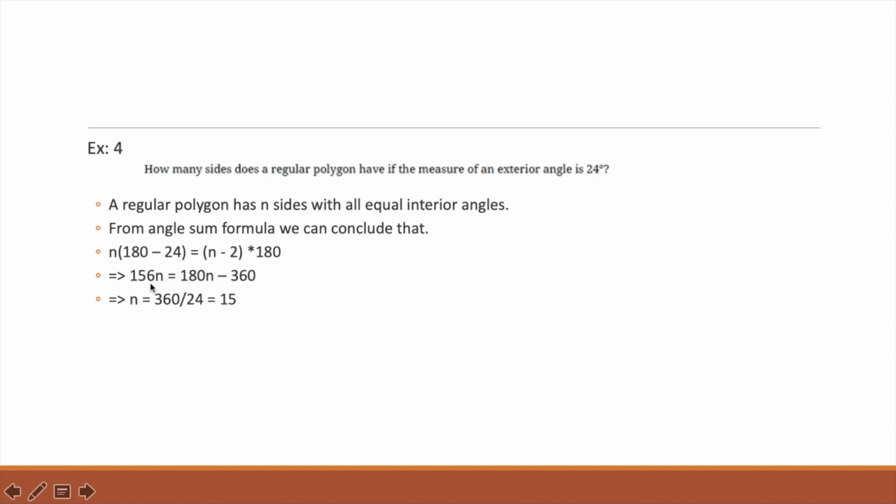Solving this, we get n equal to 15. So a regular polygon with an exterior angle of 24 has 15 sides. If you don't remember this angle sum formula, it is tough to solve it.